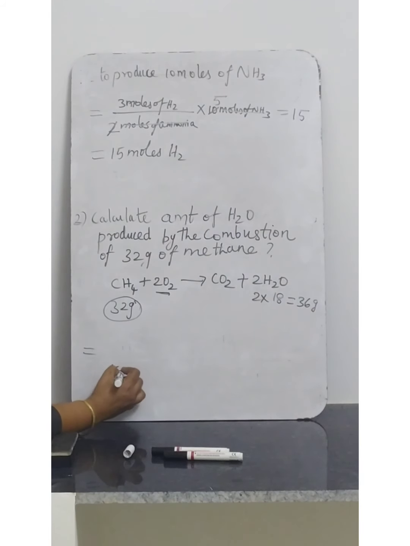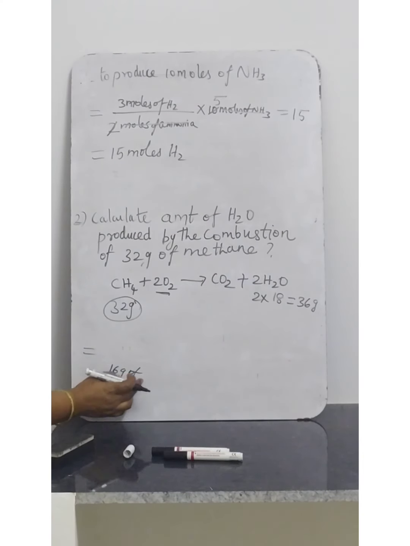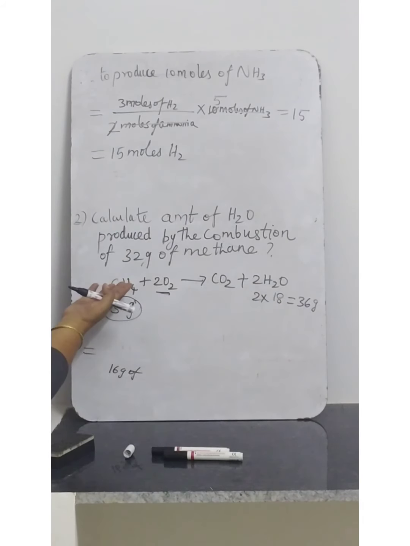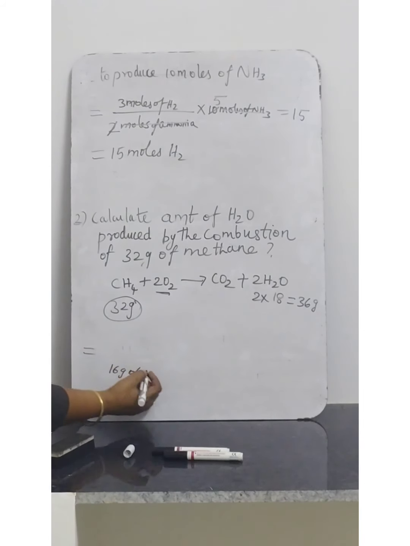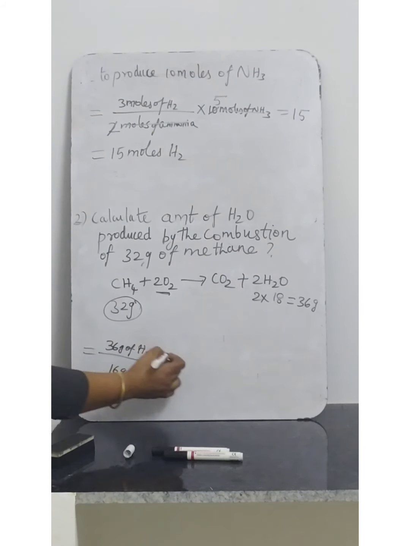So how can we write it? What we want is to calculate the amount of water. So how much water is produced from 16 gram of methane undergoing combustion? 36 gram. So 16 gram of methane will undergo combustion and, as per the stoichiometric equation, it will give 36 gram of water.